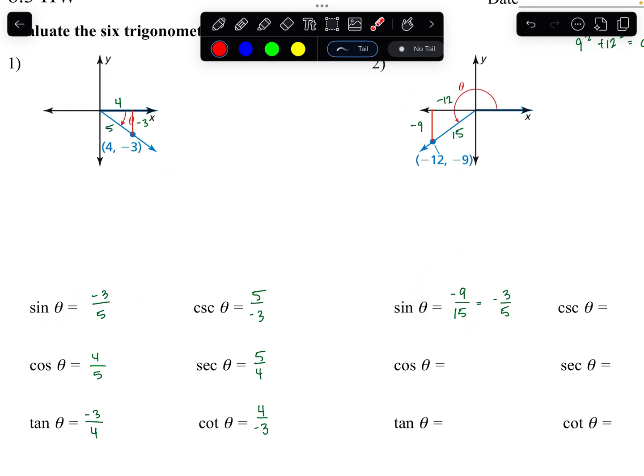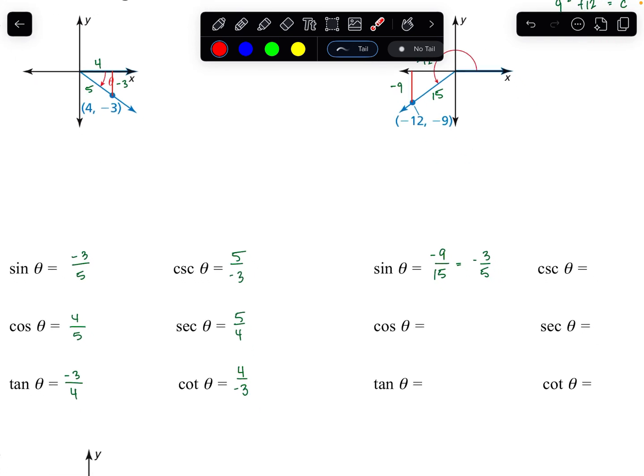That's because these triangles have the exact same angles that we measured here. So their sides aren't going to be the same, but the ratios of the sides are going to be the same.